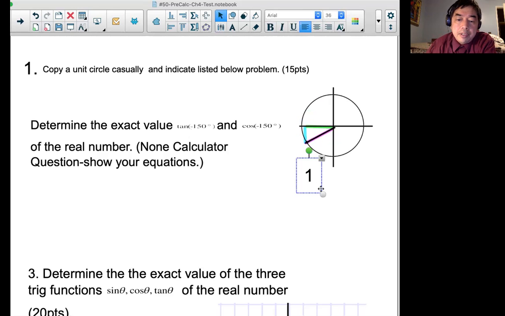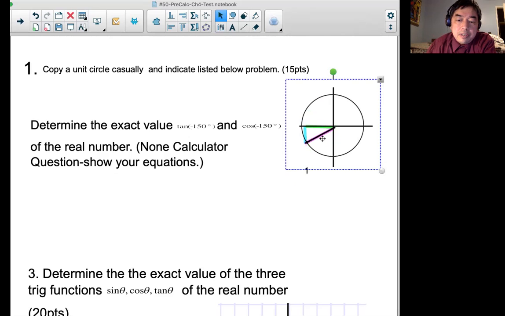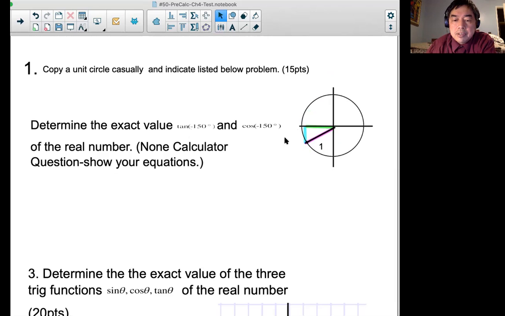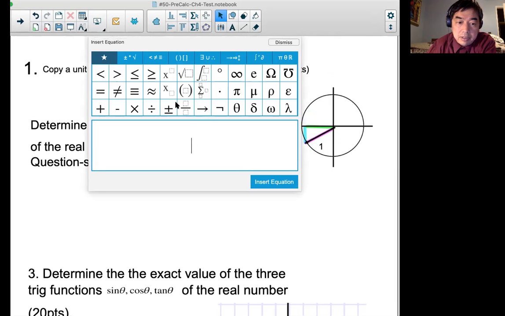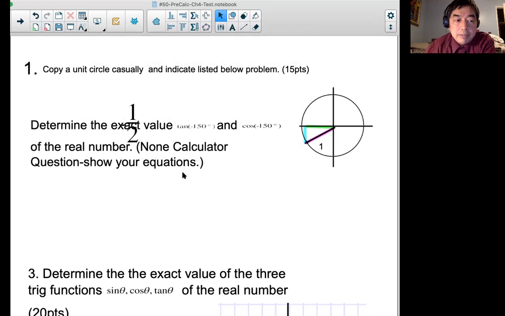So sky blue is always half of this, so it's going to be negative half. Now the sky blue part becomes negative because it's going down.